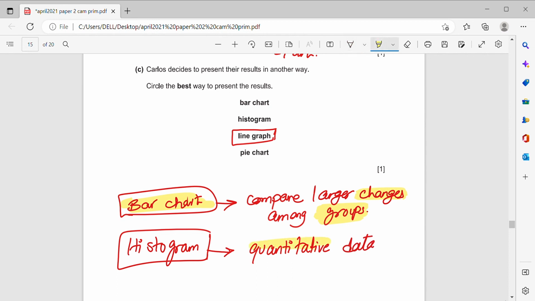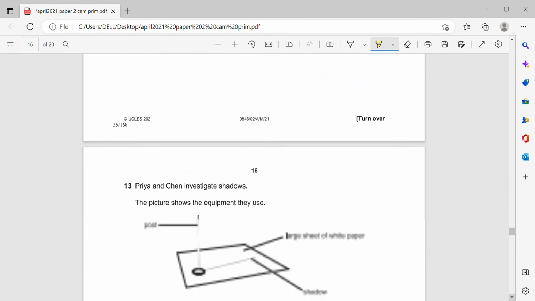And when do I use the pie chart? If I have numerical proportion. These are the differences between the representations of the results. Okay, next question.